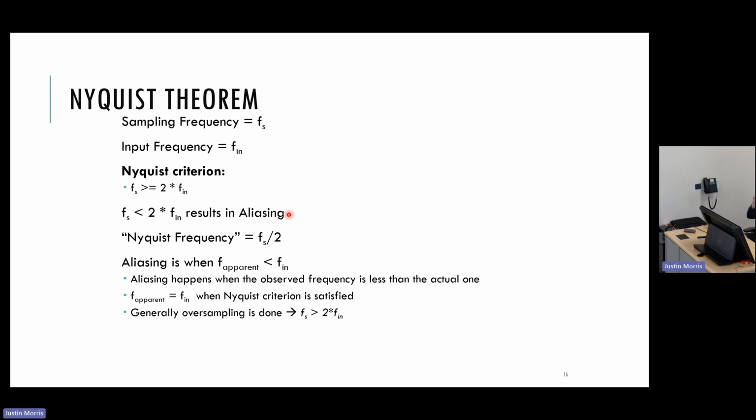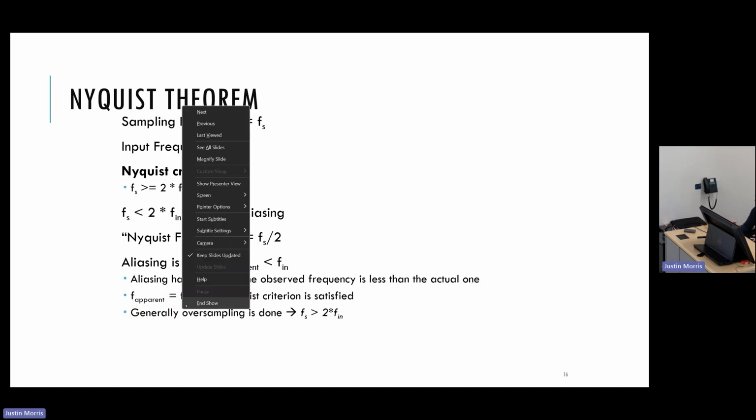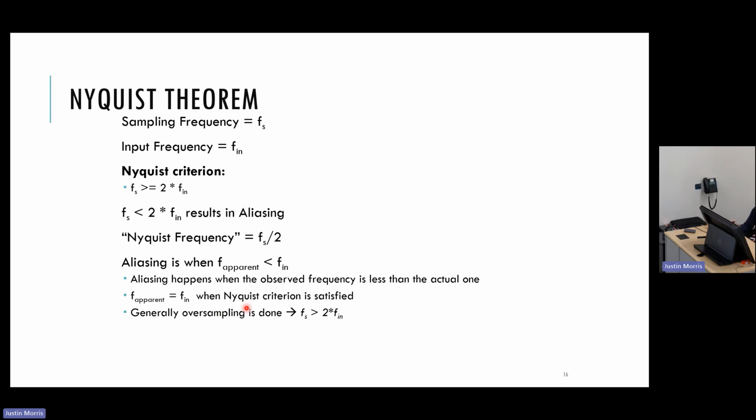The aliasing would be that example of how we thought maybe the sine wave was a lower frequency than it really was. So that's what it's talking about here. Aliasing happens when the observed frequency is less than the actual one. The apparent frequency, the frequency that we think from the sampling, is equal to the frequency of the input when the Nyquist criterion is satisfied.